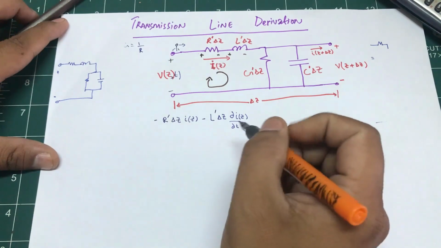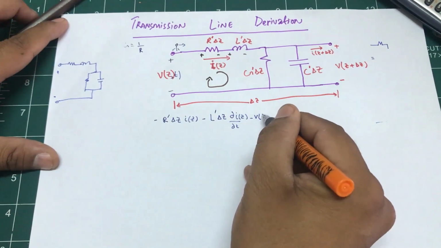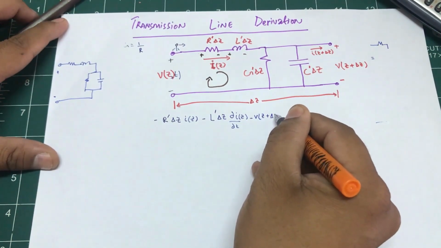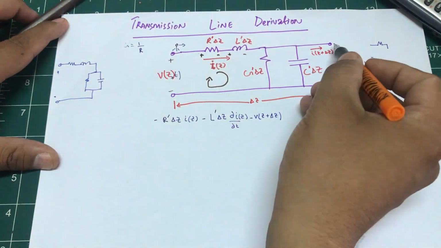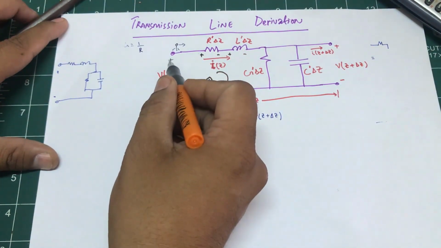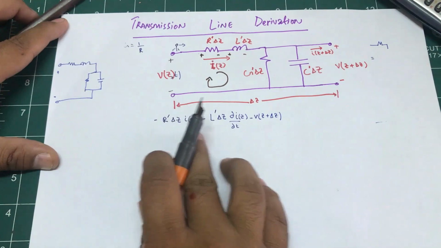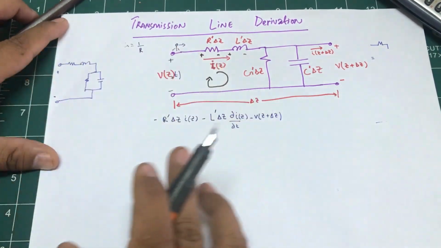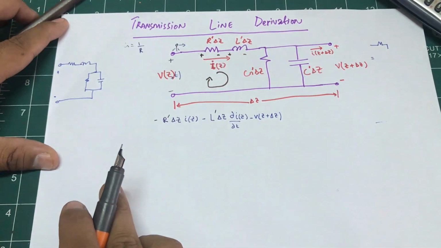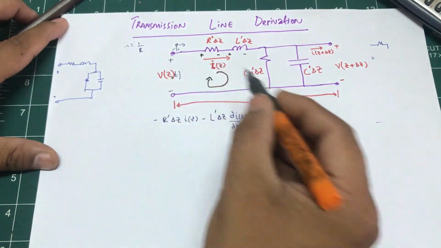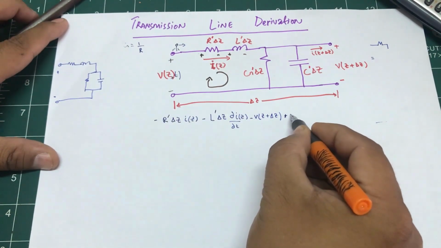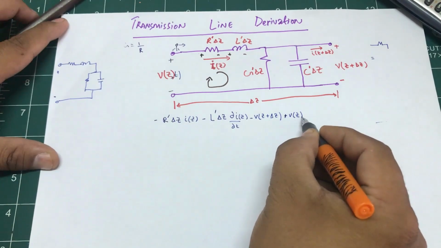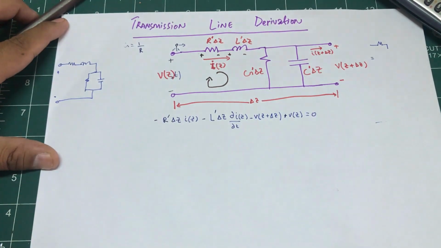So when I land here, this is going to be V of Z plus delta Z. Then when I come back to this, I need to take this, because all the voltages should add up to equal 0, including the source voltage. So when I land over here, this is going to be a positive V of Z, and it should all equal 0.